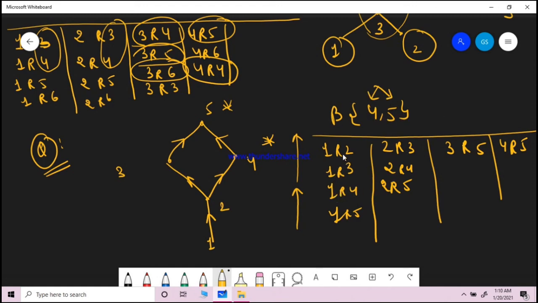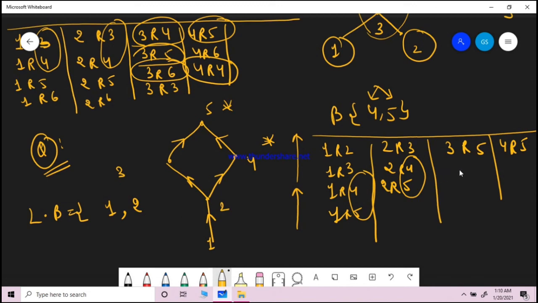So for the lower bound, you have to find out the element that derives both of these. So 1 can derive 4 and 5. 2 can also derive 4 and 5.